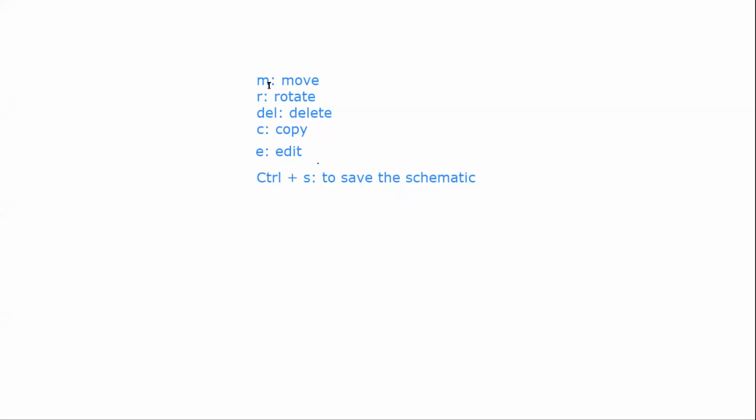If you press C, then that text or component gets copied. If you want to edit the properties of the component, or any field value or component value, then you will press E. And if you are done with your schematic and want to save, then either click on the save button, or just press Ctrl plus S.